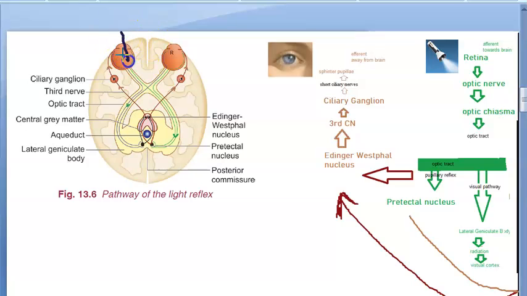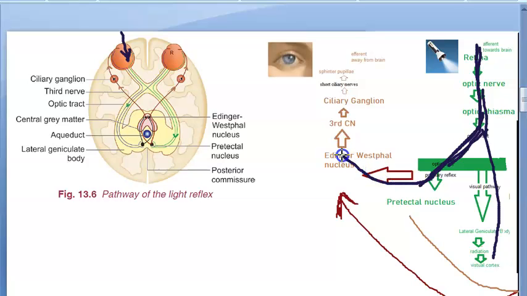whenever light falls on this eye, the information is going to go to the brain. How? From the retina to optic nerve to optic chiasma, optic tract, right? From there it will go to two places, pretectal nucleus, and then you have the lateral geniculate body. So we are concerned here with the pathway which is about the pupillary reflex. So you have the retina, optic nerve, optic chiasma, optic tract, pretectal nucleus.